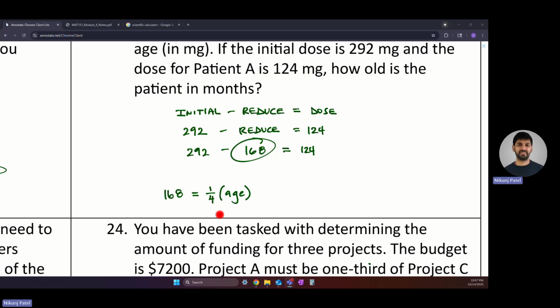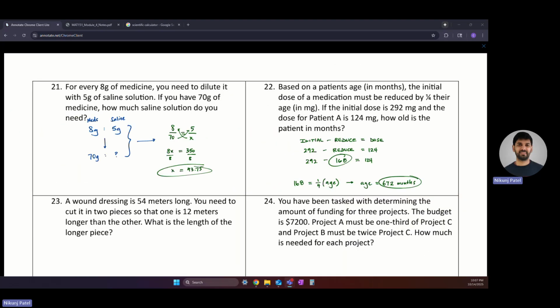So now thinking of that like an equation as well, we could multiply both sides by 4 to get their age. And when we do that, we get that the patient's age in months is 672. So there's number 22.